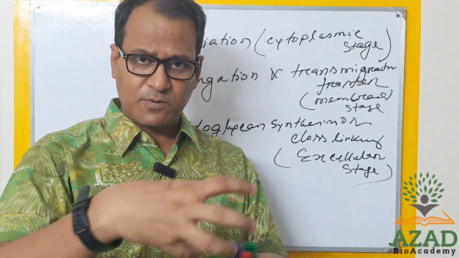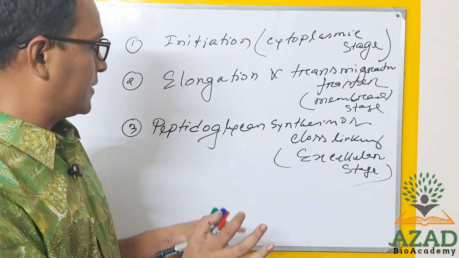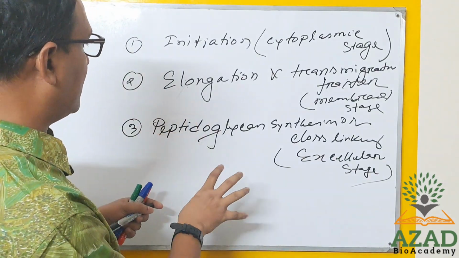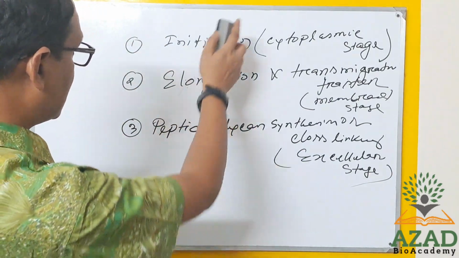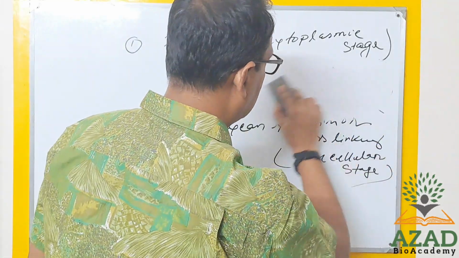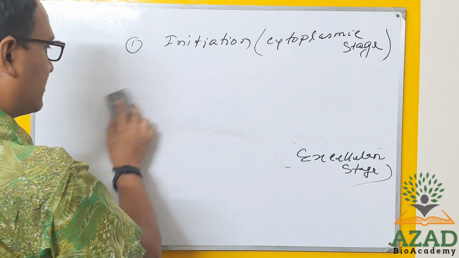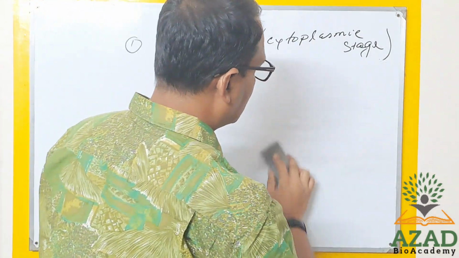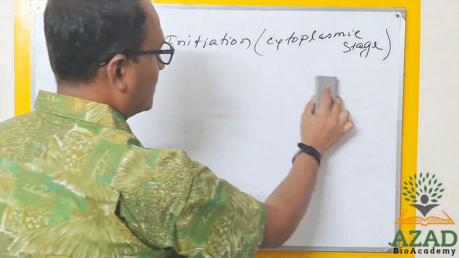Such materials are very necessary for the formation of the bacterial cell wall. So the first one is initiation, the initial stage, and as it is happening within the cell cytoplasm, this is the cytoplasmic stage.